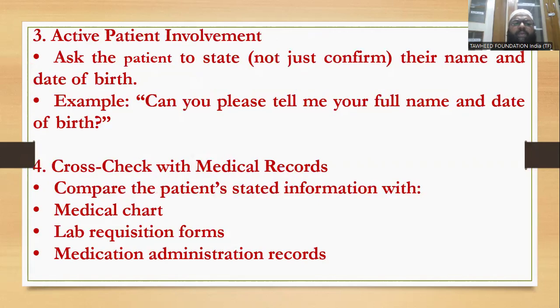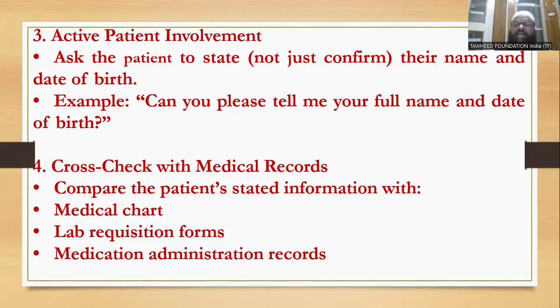Coming to the third point, active patient involvement. Once the patient comes to the phlebotomy section, ask the patient to state, not just confirm, their name and date of birth. For example, can you please tell me your full name and date of birth?